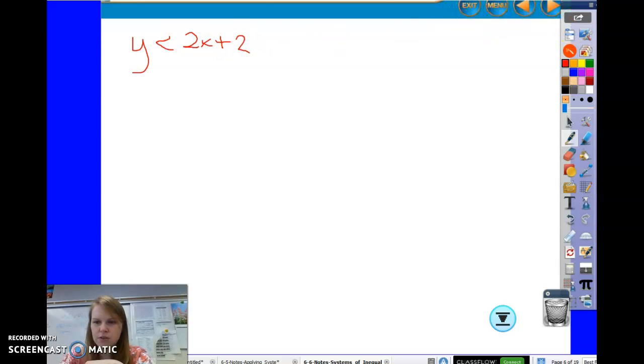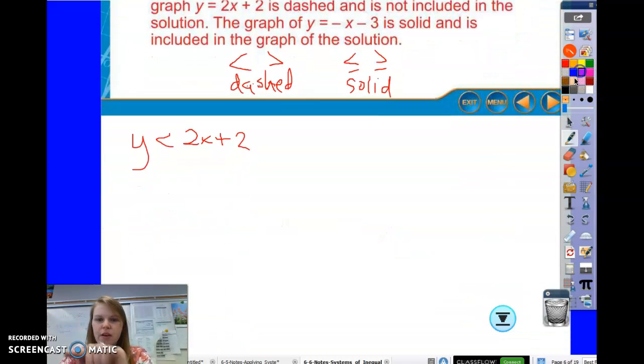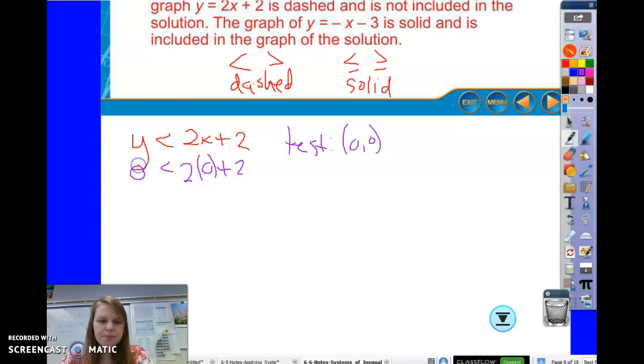That was our equation. The easiest point I want to do is 0, 0. So put a 0 in for x and a 0 in for y. Is this a true statement?